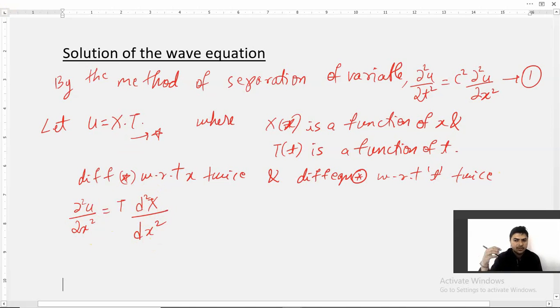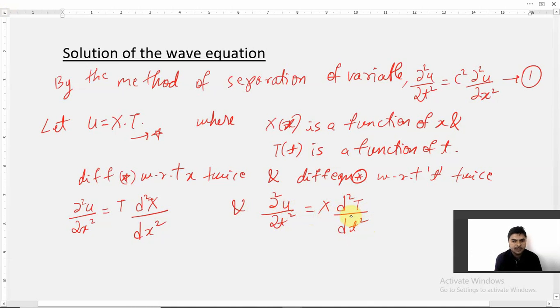If there is one variable, you can use partial differentiation or ordinary differentiation. There is no change in this differentiation. Is it clear? And why I have written d is very very important. You understand this, okay? And ∂²u/∂t² is equal to, here x is constant, so I will take x as it is, and I will take d²T/dt².